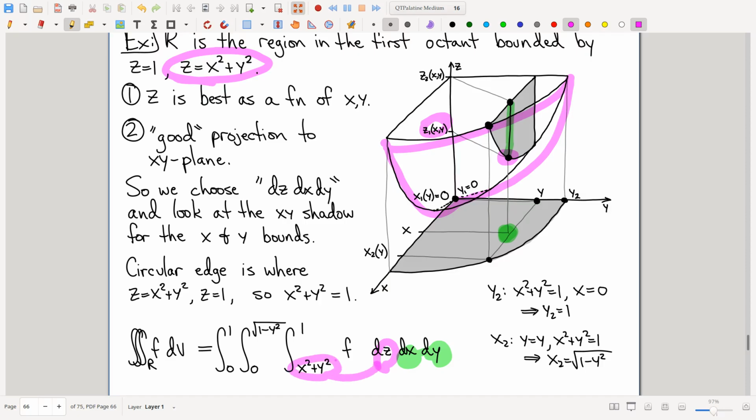Well, it's X squared plus Y squared. And then the upper bound, how am I going to find the upper bound? Well, this point determines the upper bound. How do I solve for Z on that point? Well, it's always conveniently on that surface, which has this equation, which I can solve for Z very easily. And it's that. Everybody see how that worked?